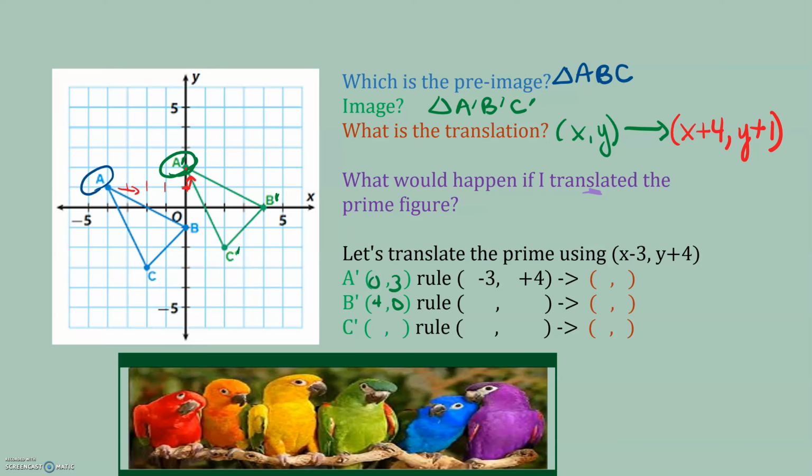And our C prime location is at 2, negative 2. What I would love for you to do is to take each of those points, minus 3 from the x values, add 4 to the next y values, and tell me what you think your solution is. Pause the video and do that right now.